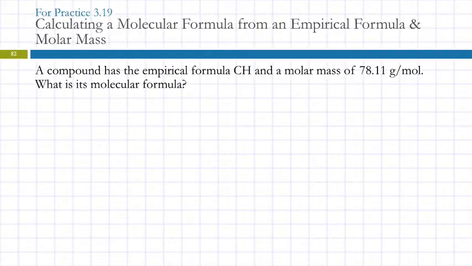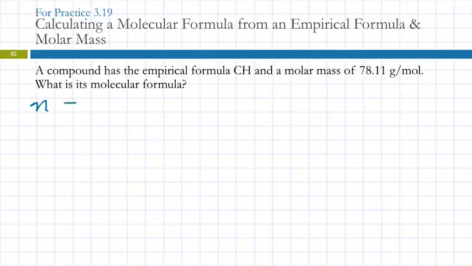Let's do an example. Compound has the empirical formula CH and a molar mass of 78.11 grams per mole. What is its molecular formula? So we need to find the number to multiply the subscripts by.